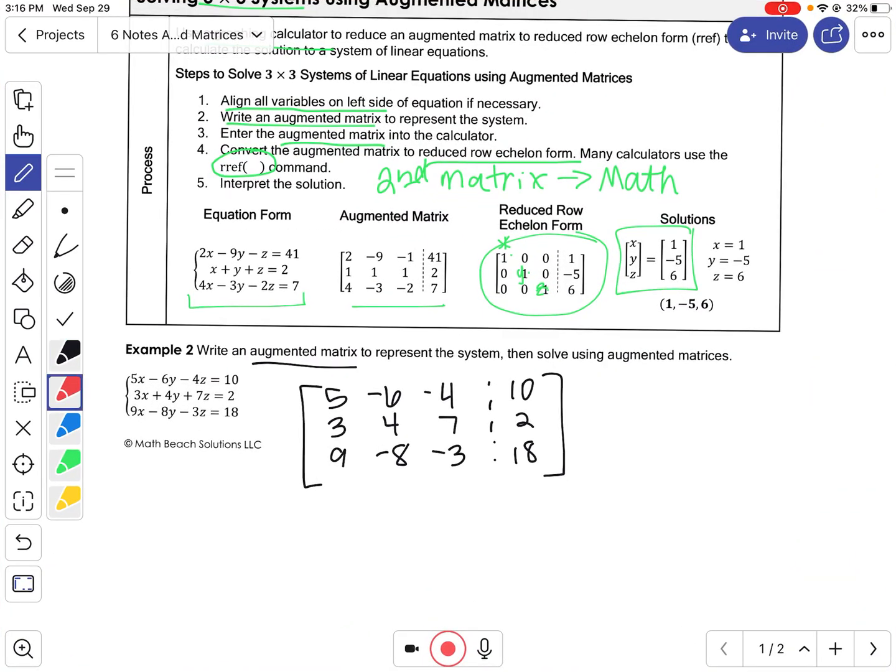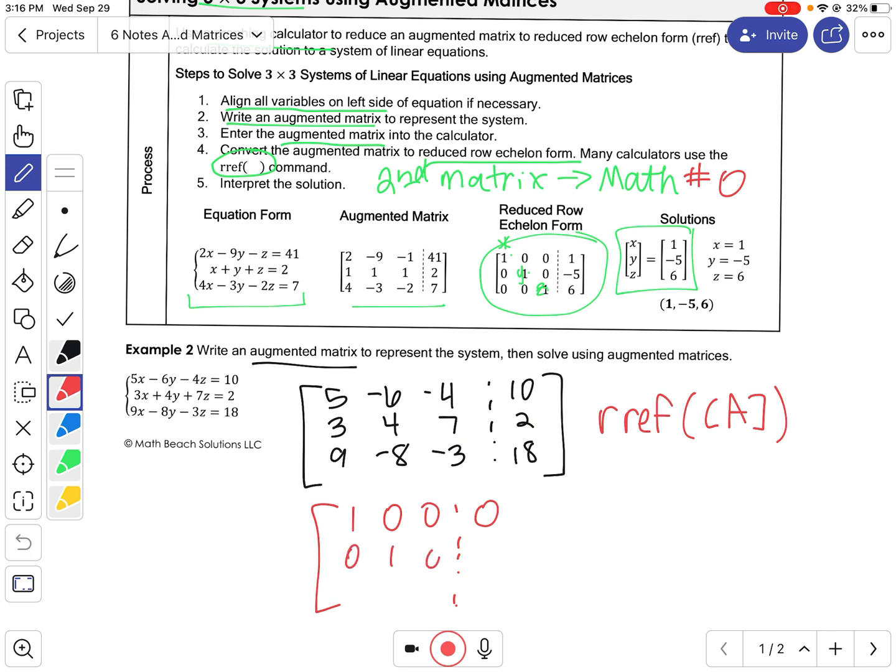So when we type this in and we did RREF matrix A, which is number 0, we got 1, 0, 0, and then remember that other number was 0. Space that fourth column, 0, 1, 0, and 0, 0, 1.